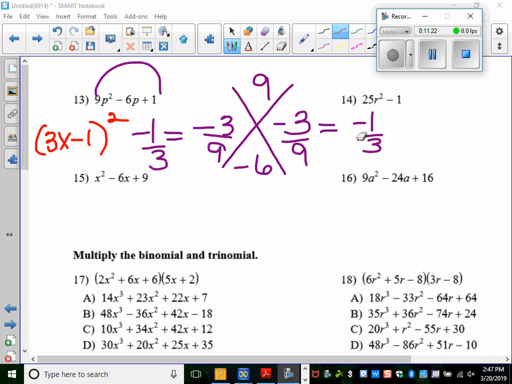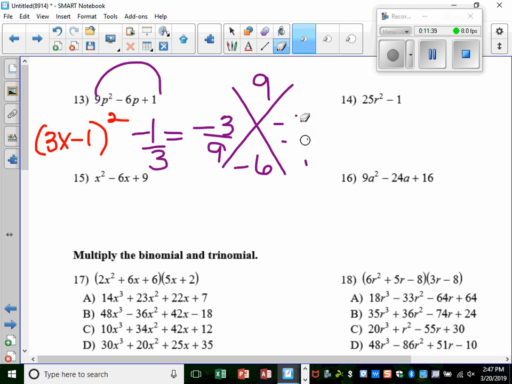So now I'm going to do 14 because 14 is a special case too. How do I know 14 is a special case? What do you notice about these two numbers? They're perfect squares, and there is a minus sign. We call that the difference of two squares. And that one you will have to be able to recognize. You got to be able to recognize perfect squares.